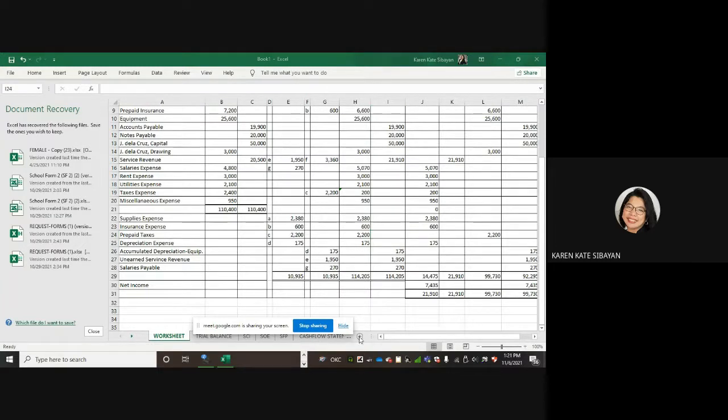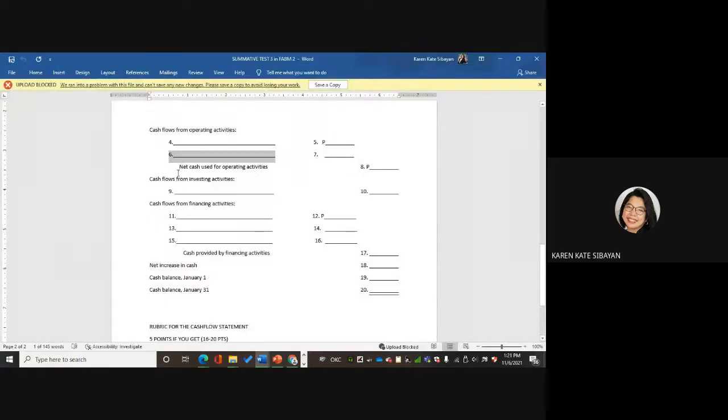So, after nun, of course, you will have your net. Sabi kasi niya, net cash used for operating expenses. So take note, if may word dyan na net, ibig sabihin one of this amount is positive and one is negative. Dito, it can be positive and negative.